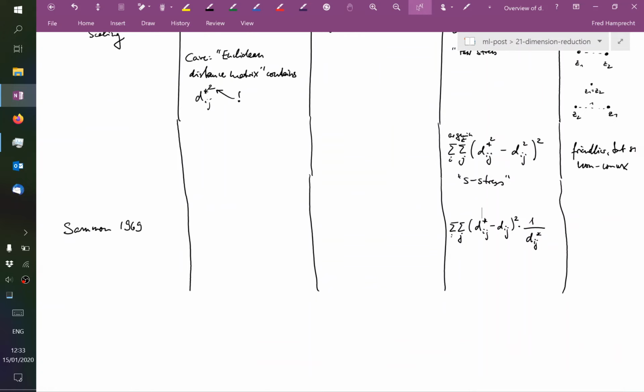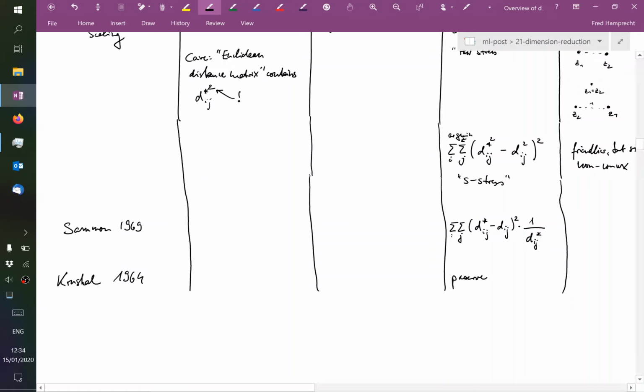Then, by the way, there is Kruskal, who a little bit earlier did something a little bit more complicated. Namely, he used not the distances themselves, but he tried to preserve the rank order of these distances.